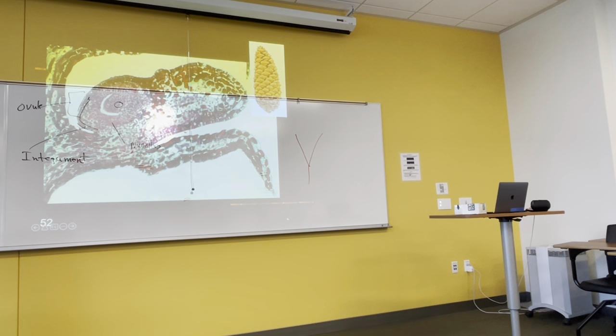This will undergo meiosis and produce 4 megaspores, which are haploid. And of those 4 megaspores, one of them is larger than the others, and these other 3 will atrophy. They just disappear. They die.